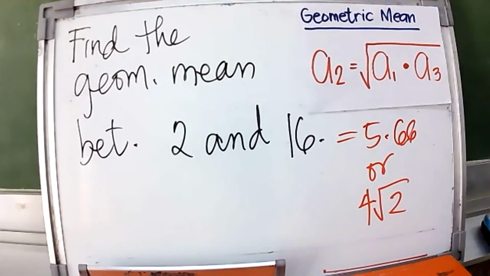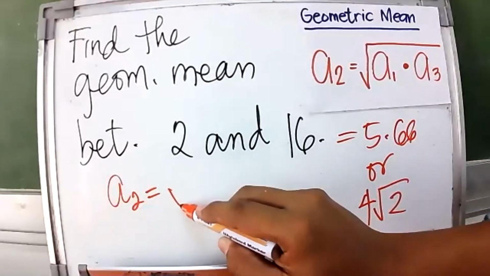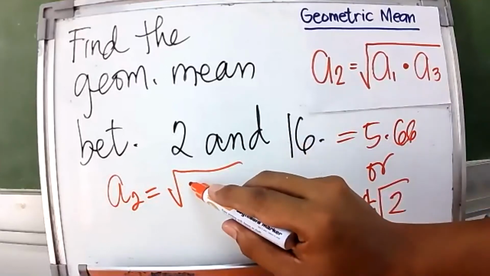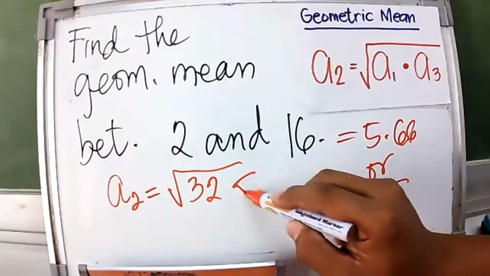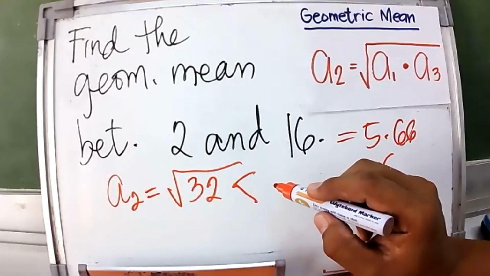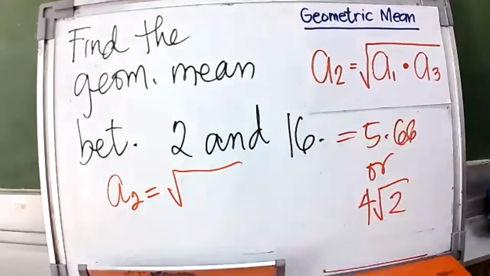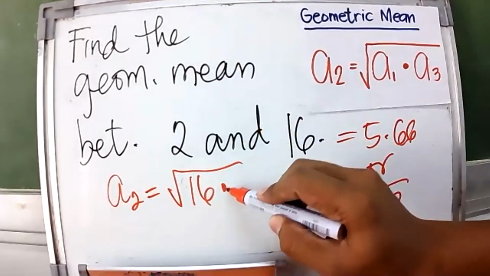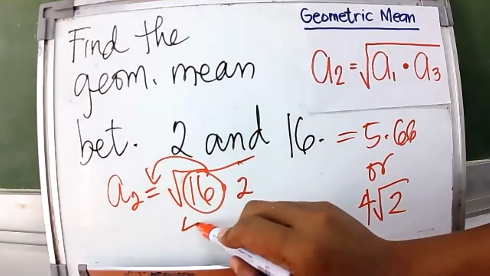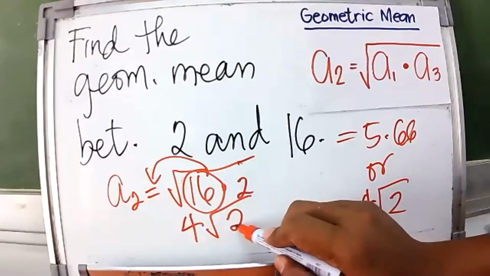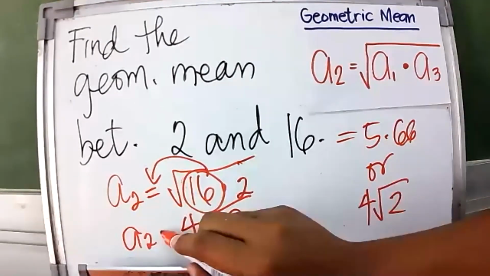To those who are asking, let's have the solution. A sub 2 is equal to the square root of 2 times 16, that's 32. And when we factor these two, no need to multiply, we already have 16 and 2. The square root of 16 is 4 and 2 is left inside. That is the other possible answer.